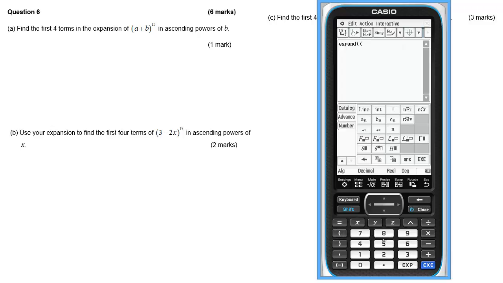And if we put in here (a + b) to the power 15, it will quite happily do it for us, although the order is a bit strange.